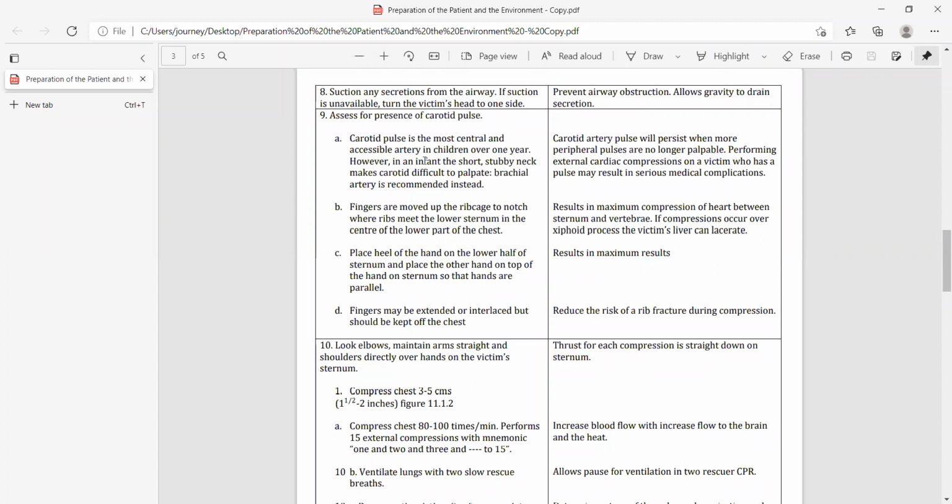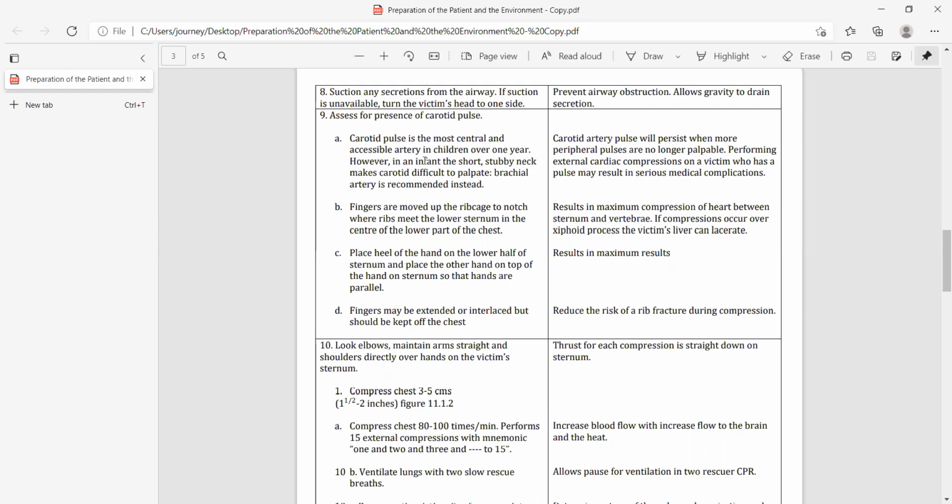Okay, but when we get older and older, at that time what happens is that we have a stubby neck. Our stubby neck makes the carotid pulse difficult to palpate or difficult to feel.